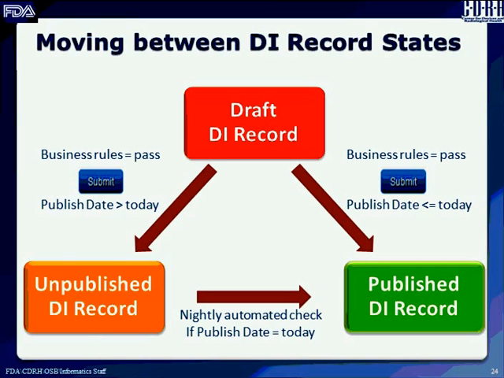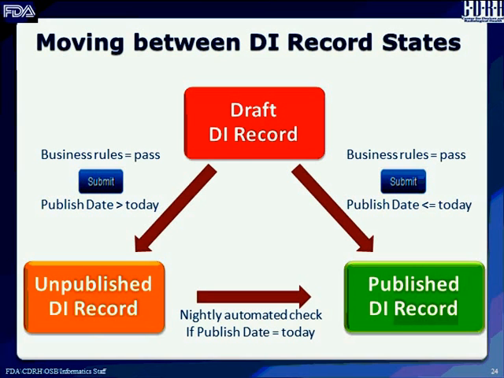And the published date, if you remember, the most important published date attribute, must be in the future. It has to be greater than today. However, you can take a draft DI record, pass the business rules, and submit it to the database, and if the published date is today, the record will get immediately published. So a draft DI record can either move to the unpublished state or the published state.